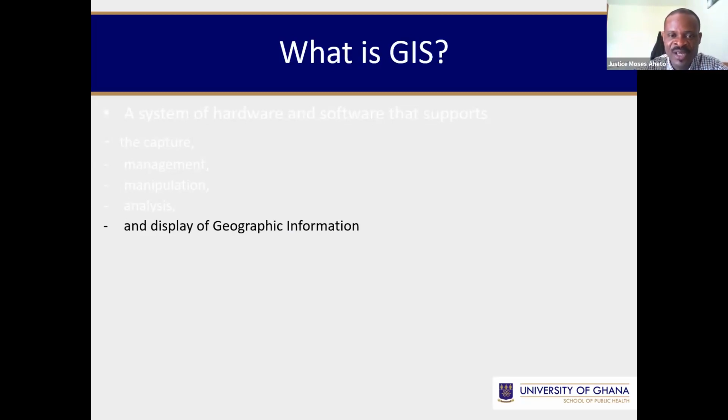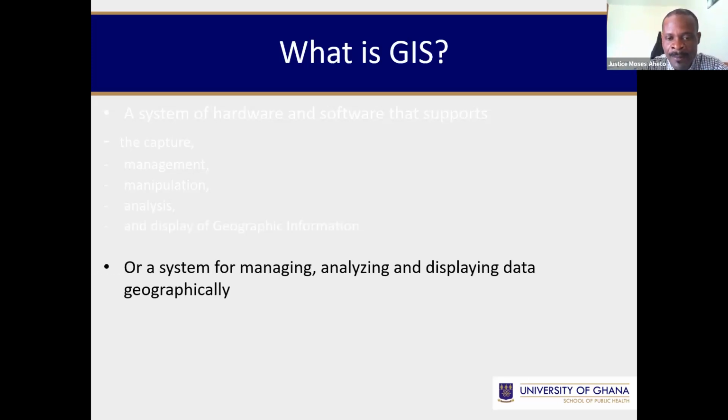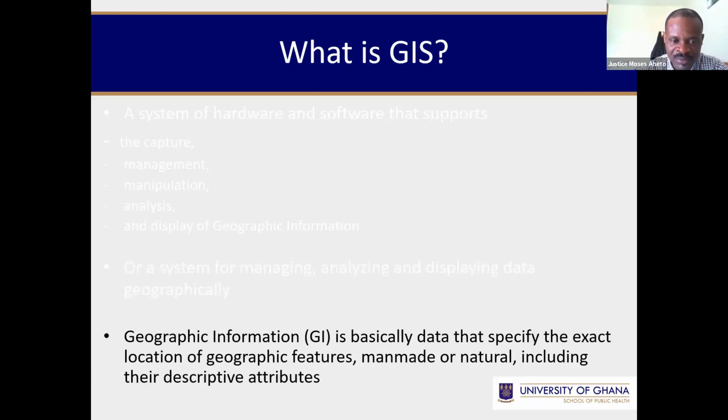It's a system of hardware and software that supports the capture, management, manipulation, and analysis, including the display of geographic information. And you'll be seeing some of these things in the practical session. You can also consider this to be a system that allows you to manage, analyze, and display data geographically. That is also acceptable.